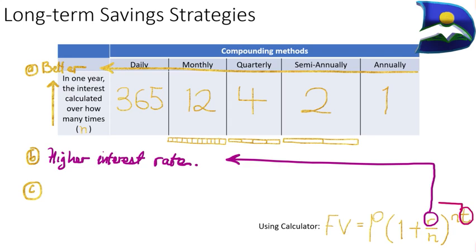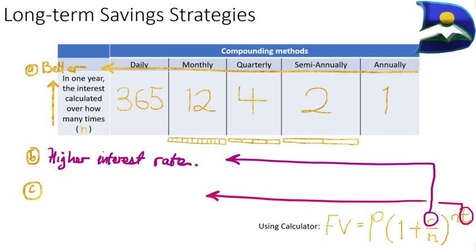So it means here that the longer the time you actually put your money in that particular account, savings account or investment, it means the better or the greater the future value of your investment after X amount of years.